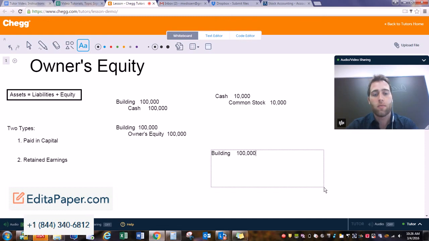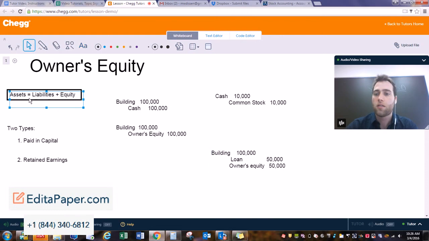So they're going to debit building for $100,000. They're going to put that loan as a liability for $50,000, and then they're also going to credit owner's equity $50,000 because the other half was paid for by just an owner. So in that case, they have a brand new $100,000 asset, they have a $50,000 loan liability, and then the other $50,000 that was just kind of given to them is equity.